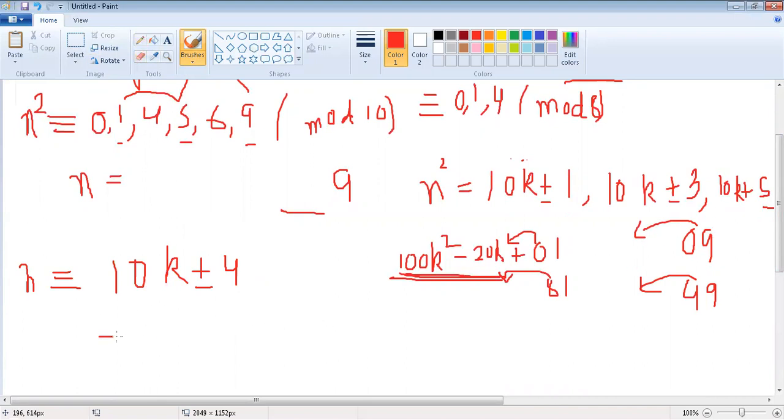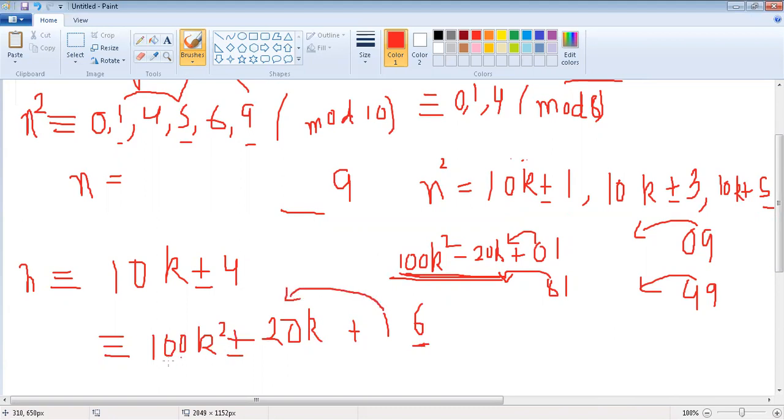So why does this happen? Again, this number results as 100k square plus or minus 20k, and this is plus 16. Now this is an even number. Now this 1 when carried to this even number results in an odd number.